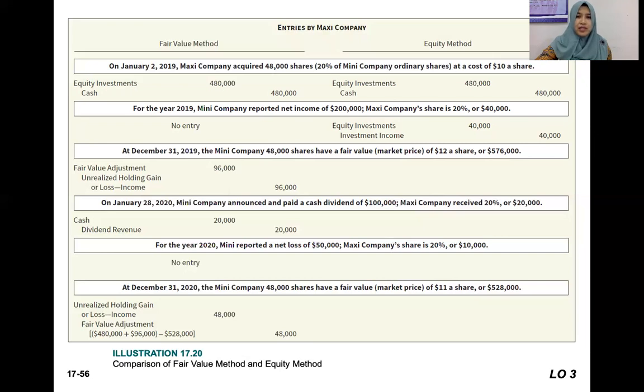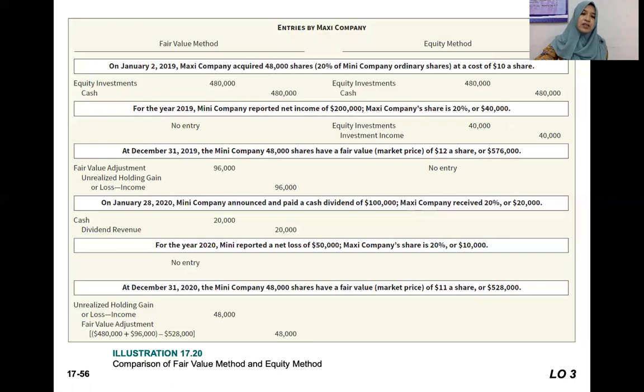So 576 minus 480. We have an unrealized gain, because the fair value is more than the cost. So we report that as debit fair value adjustment and credit unrealized holding gain or loss, 96,000. Do we need to record anything under equity? No, because under equity we don't consider any fair value adjustment.